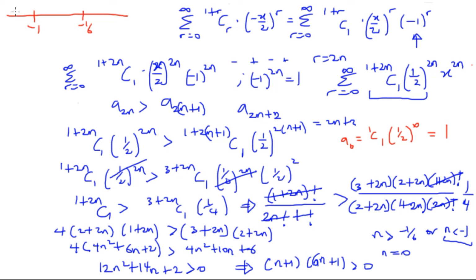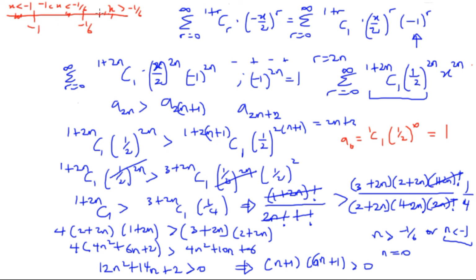So we have three regions, this region, this region, and this region. This region is x greater than minus 1 over 6, this region is x less than minus 1 over 6 and greater than minus 1, and this is x less than minus 1.